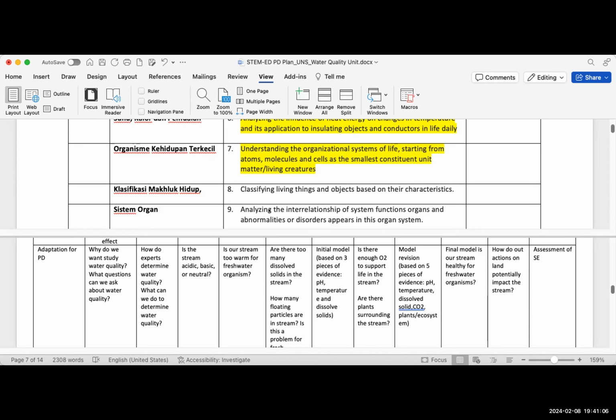But for some schools, some of them put the pH topic at the end of grade 9. So I think we will also have the problem that students will ask what pH is and other elements.